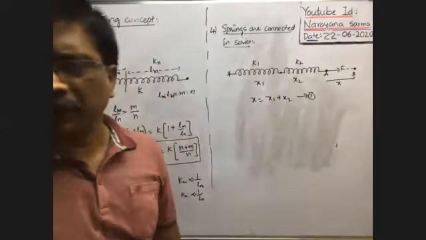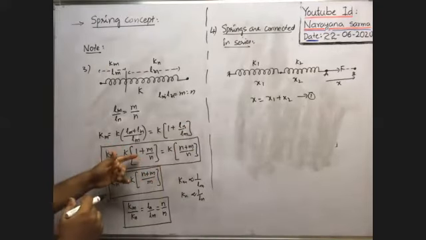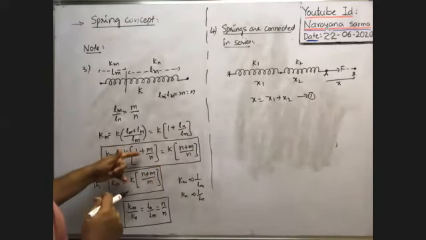Sir, in the second step, you wrote K into L plus Lm by Ln. Ln by Lm, okay, very good. Lm by Lm means 1, and the other term is Ln by Lm. Now what about the ratio? 1 plus Km is equal to 1 plus Ln by Lm.